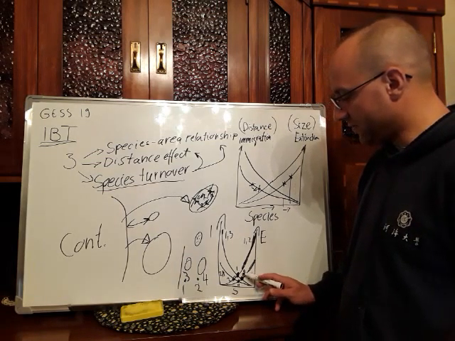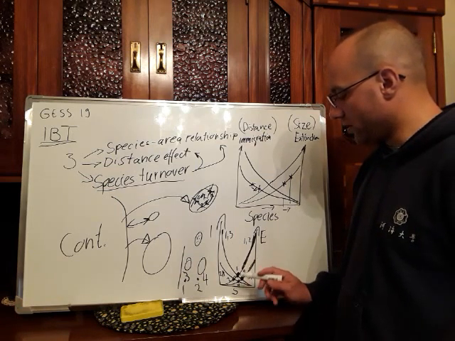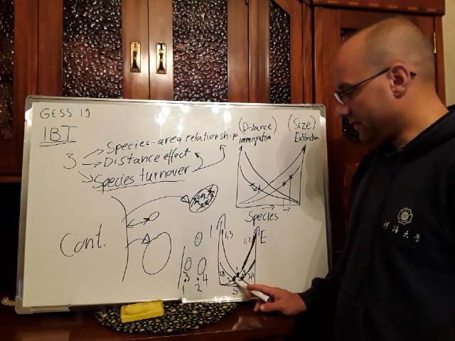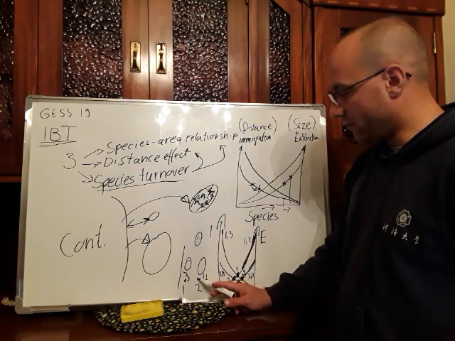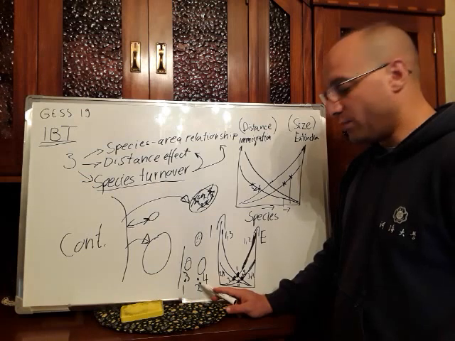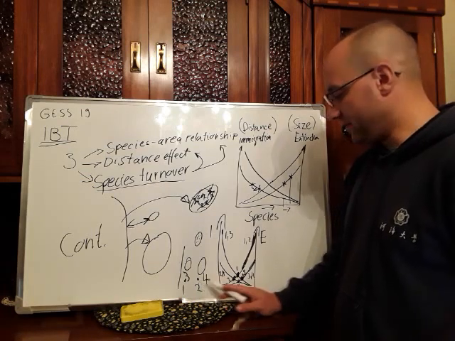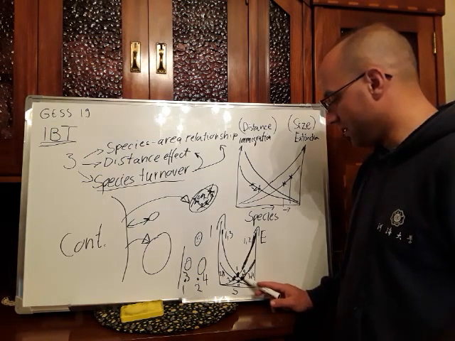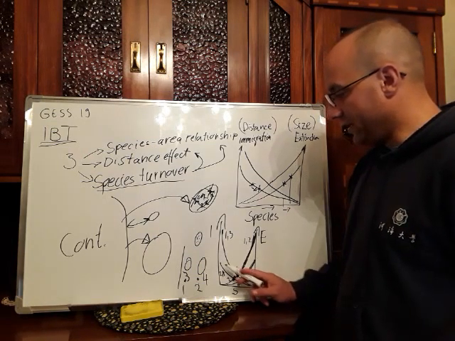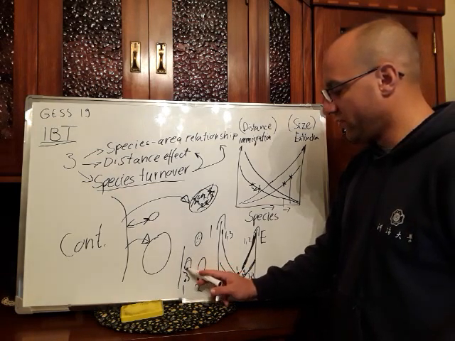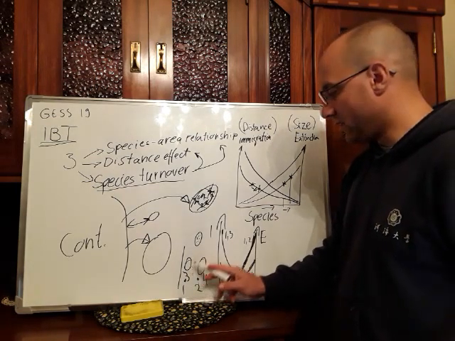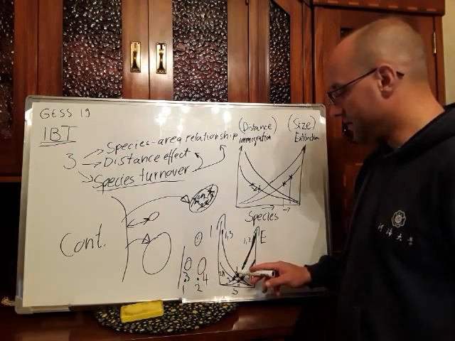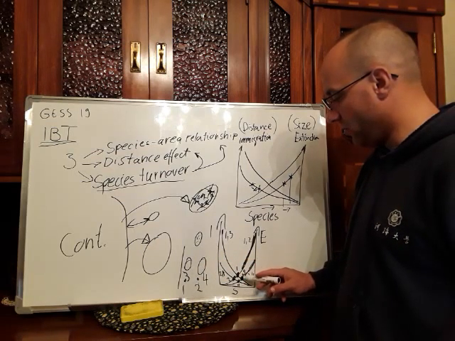So let's check in real life. We said that the lowest possible species number in this case will be for that one over there, small and distant. That's right. The larger species number will belong to 3, which is close and large. Why? Because the immigration rate is high and the extinction rate is low.